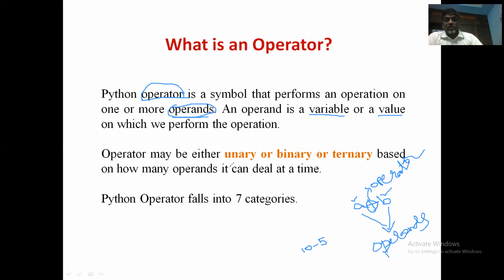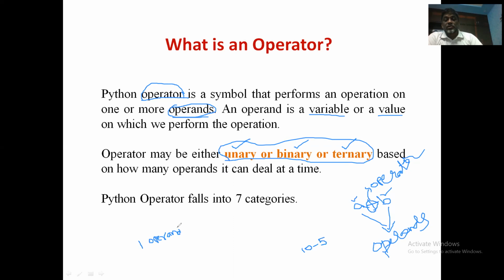If you look at the broad classification of operators, they can be treated as either unary operators, binary operators, or ternary operators, based on how many operands they are working with. If an operator deals with one operand at a time, then we call it a unary operator.